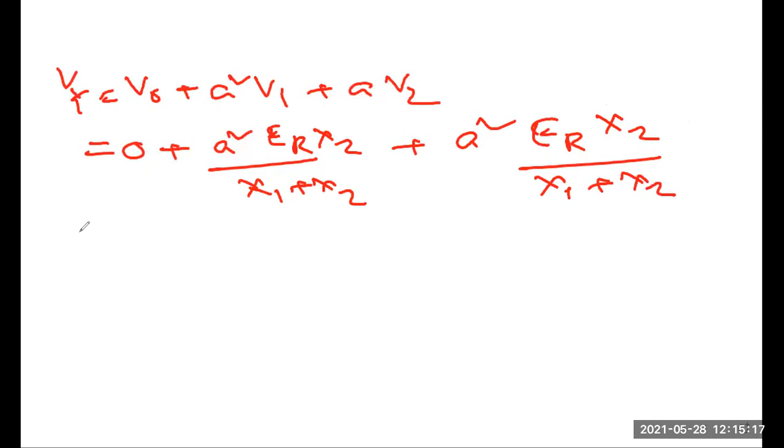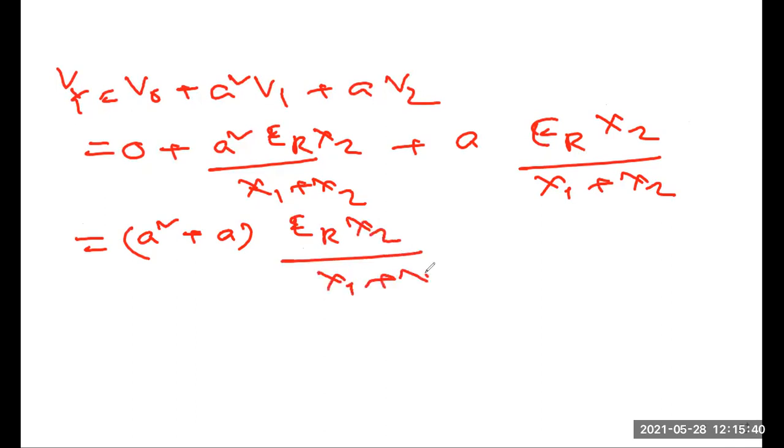So what we'll do now? We'll take common. Oh, sorry, this will not be A square. This will be A. We'll erase this thing. This is A. Correct. So this will be A square plus A, and we'll have this parameter ERX2 by X1 plus X2.